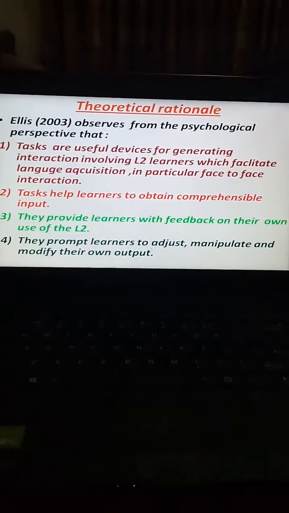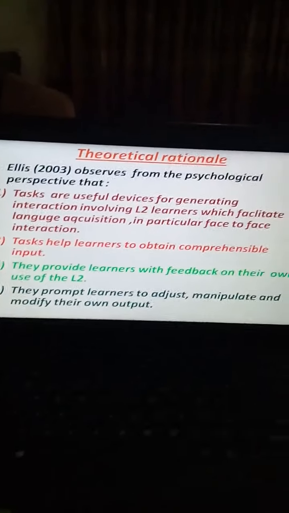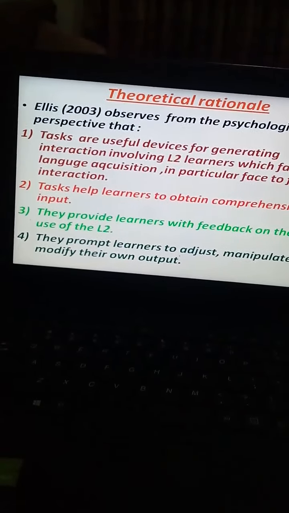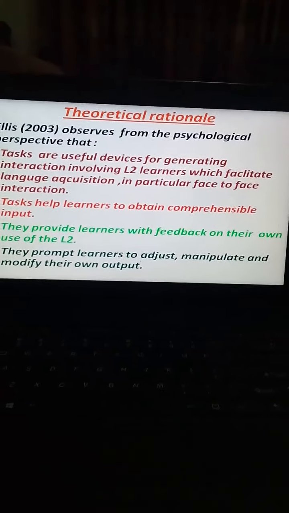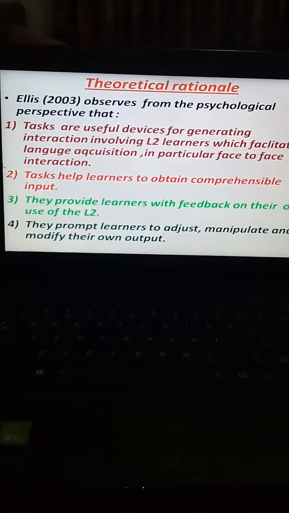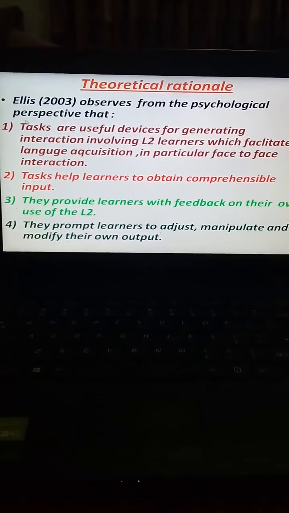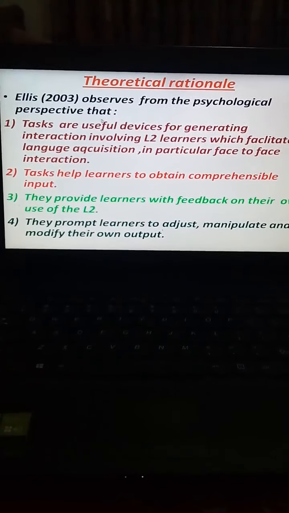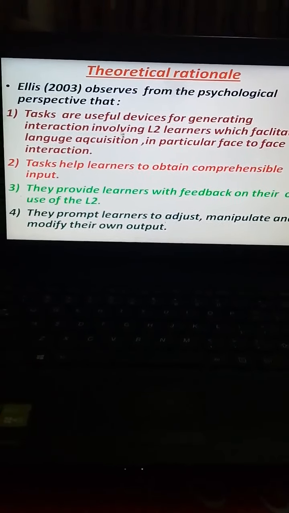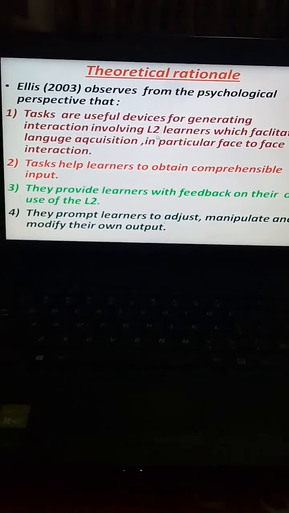Okay, now I'm going to discuss the theoretical rationale for task-based language teaching. So Ellis 2003 observes from the psychological perspective that tasks are useful devices for generating interaction involving L2 learners.